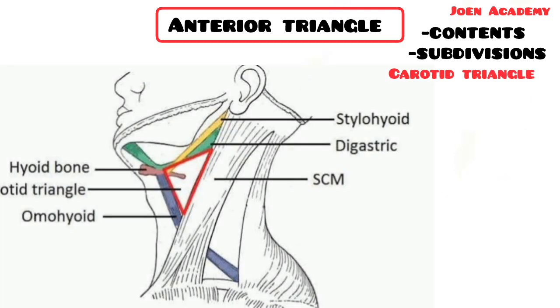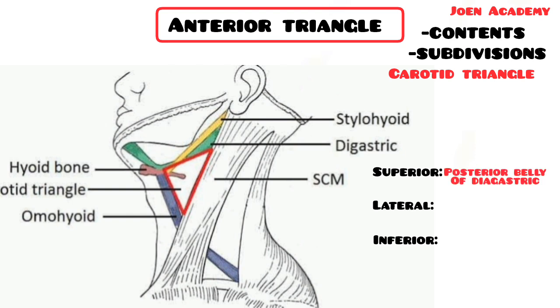The carotid triangle of the neck has the following boundaries: the superior border, the lateral border, and the inferior border. The superior border is bounded by the posterior belly of the digastric muscle, while the lateral border is bounded by the medial border of the sternocleidomastoid muscle, and the inferior border is bounded by the superior belly of the omohyoid muscle.